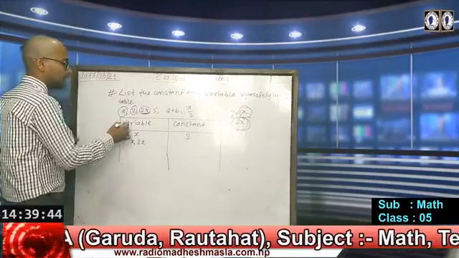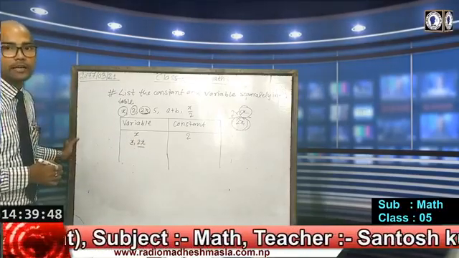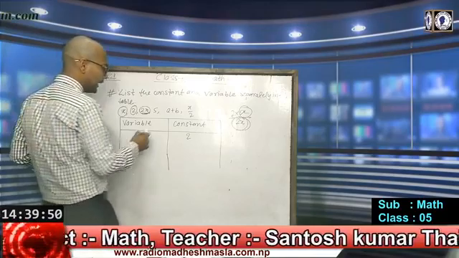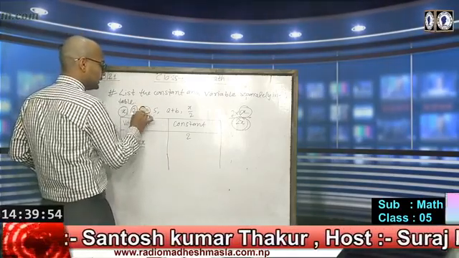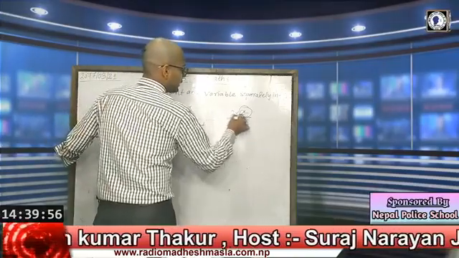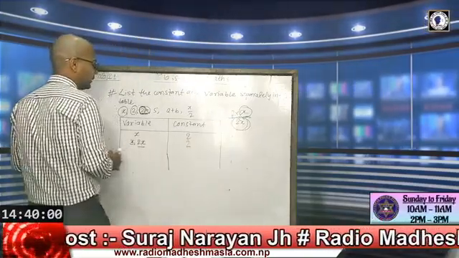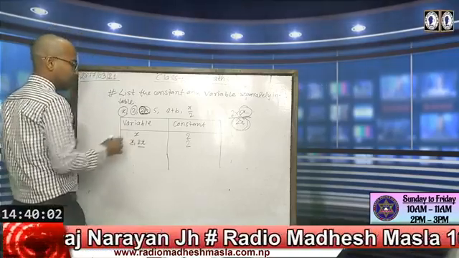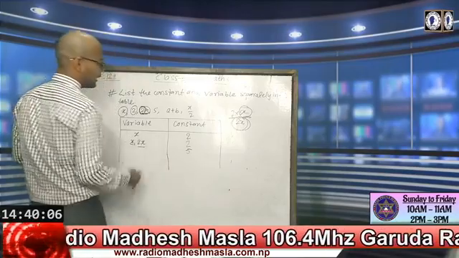So x and 2x are both written under variable. When 2 is separated from 2x, 2 is written in the column of constants. In the same way, 5 is given, so the single 5 is a constant.